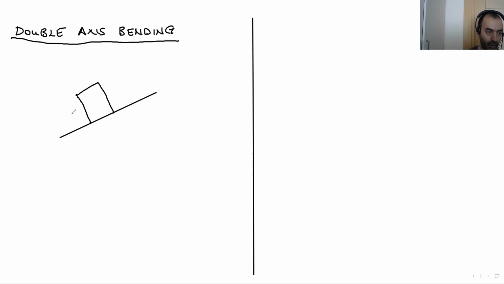Here is the center, this is the x-axis, y-axis.